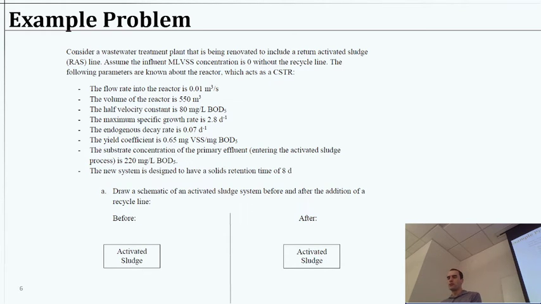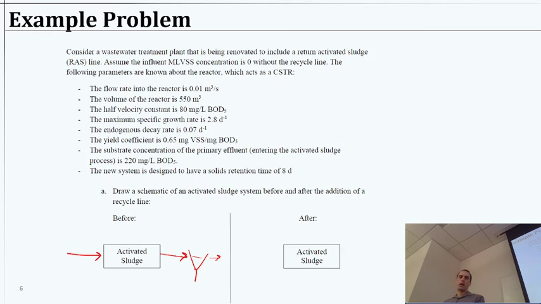Part A says draw a schematic of an activated sludge system before and after the addition of the recycle line. So this is pretty straightforward. Before we add the recycle line, we probably have something that looks like this. Probably have a clarifier, and that's that.